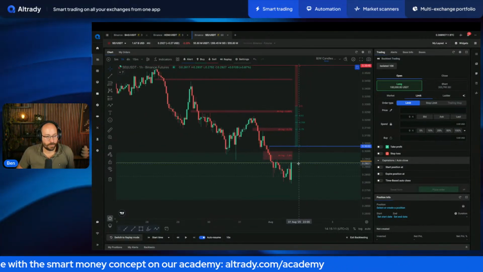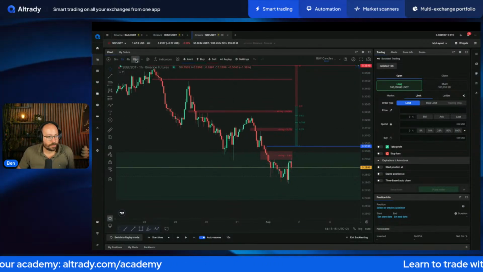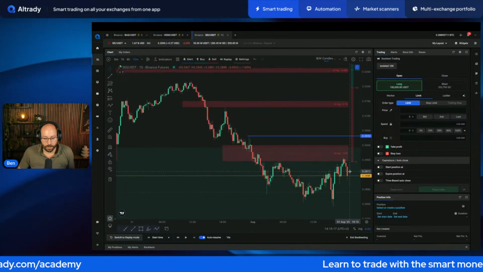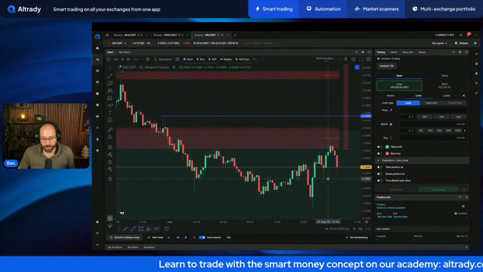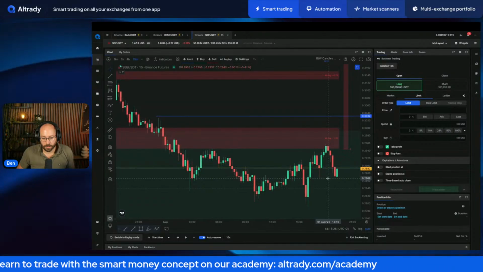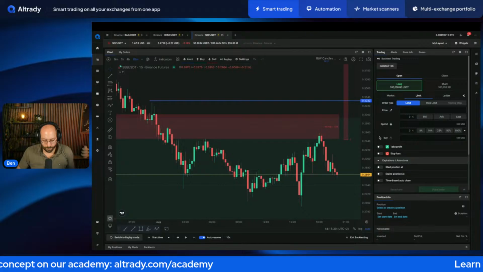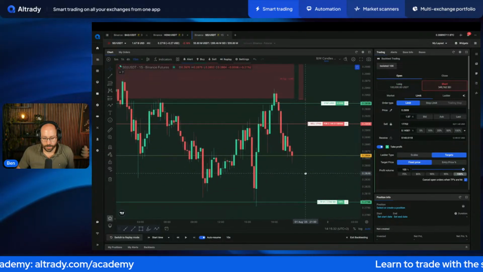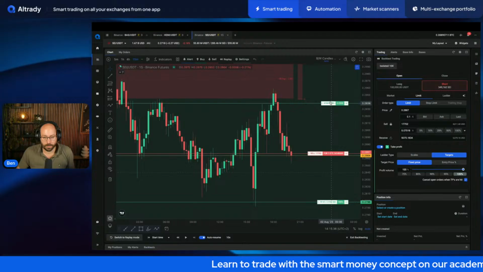You can try. Let's see if there is enough room for that, because we got the 4 hour with the 15-minute shift here. So that's the shorting part here, and that's a long.